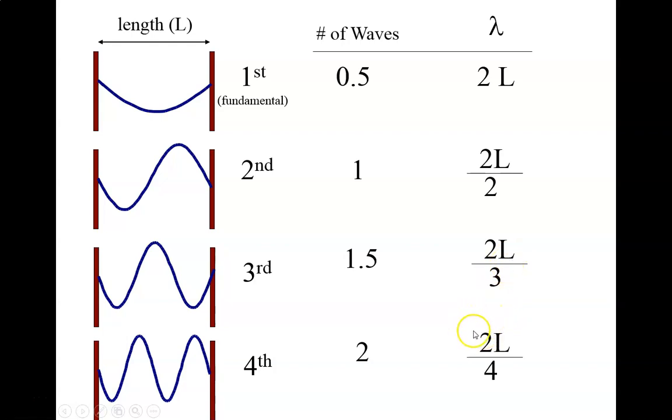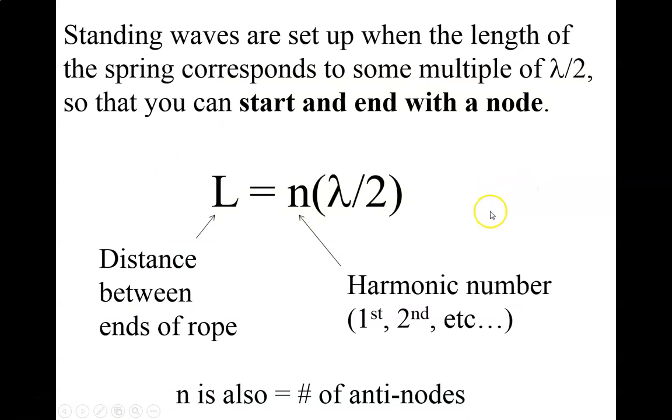And then you can see there's a pattern: 2/1, 2/2, 2/3, 2/4, times L. Solving this for length, the length of the rope is equal to n, the harmonic number, times lambda over 2.